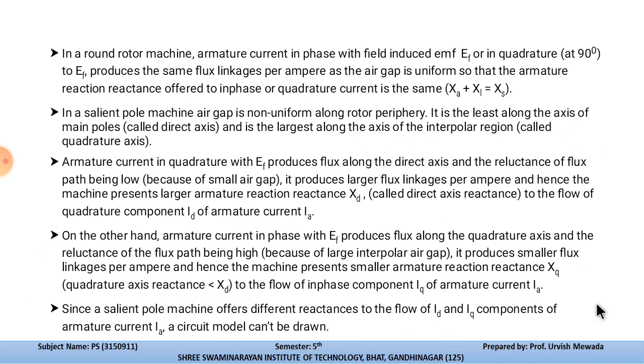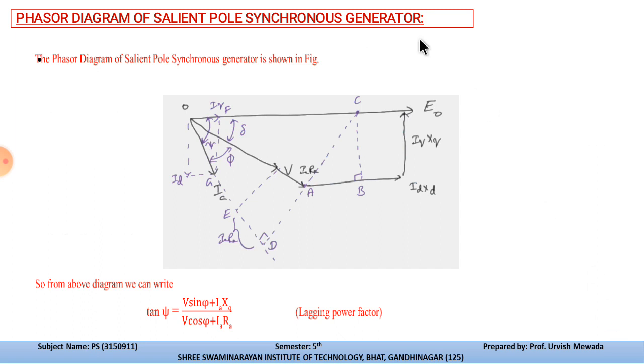So from that we can have the phasor diagram of the salient pole machine. Over here you can see that the output is the combination of V plus IARA plus IDXD plus IQXQ.